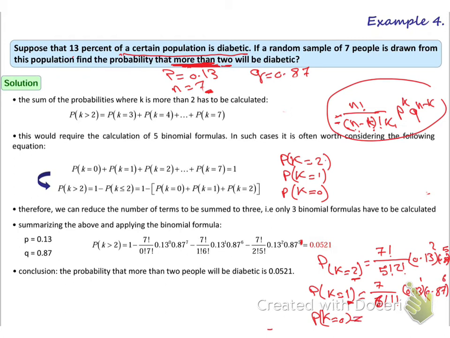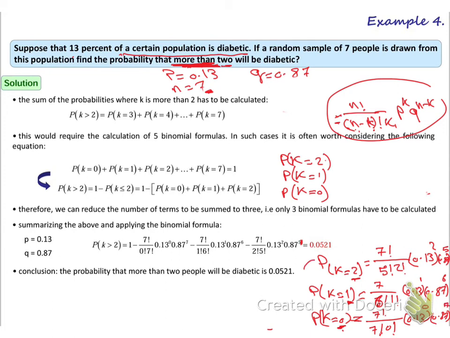The third one, 7 factorial, divided by n minus k, with k equals 0, so 7 minus 0 equals 7 factorial, then k factorial, 0 factorial again, 0.13, the same thing, 0.87, to the power k equals 0, n minus k 7.